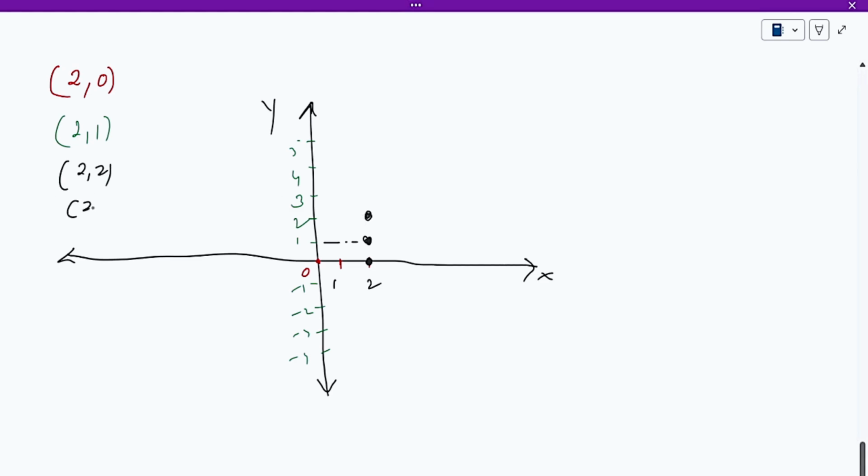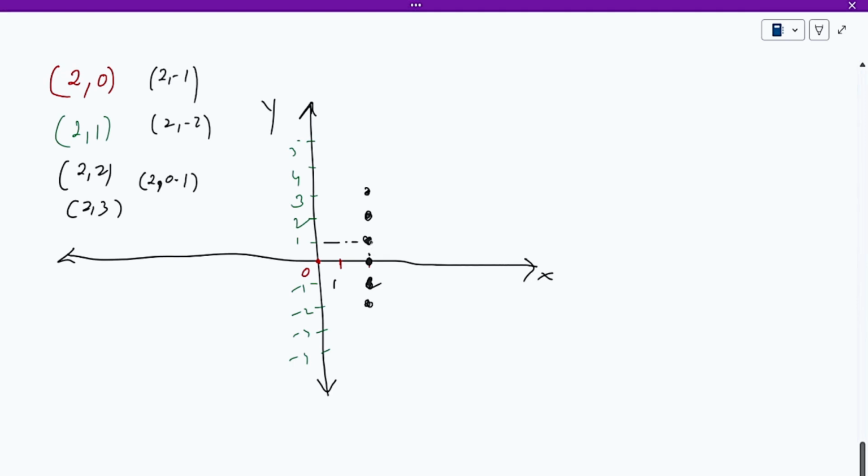If I ask for (2, -1), this is (2, -1). (2, -2) is this one. If I ask for (2, 0.1), it will be somewhere here.